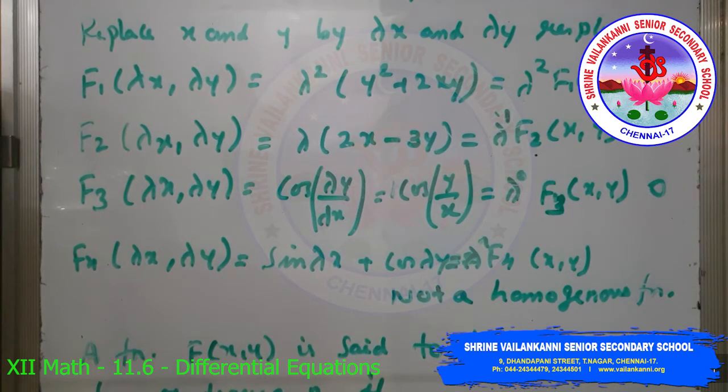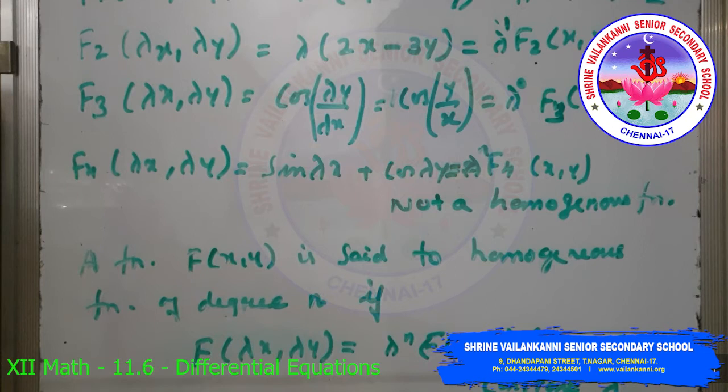So a function f of x comma y is said to be homogeneous function of degree n if f of lambda x comma lambda y is equal to lambda power n f of x comma y for any non-zero constant lambda.